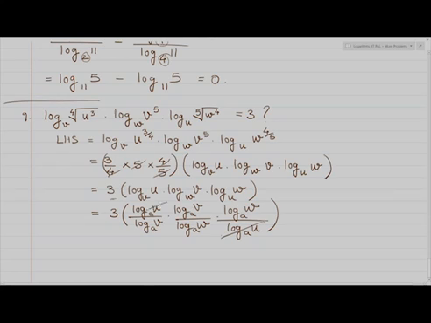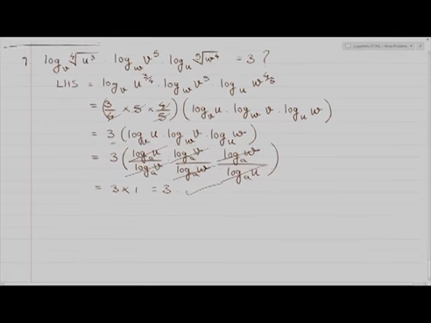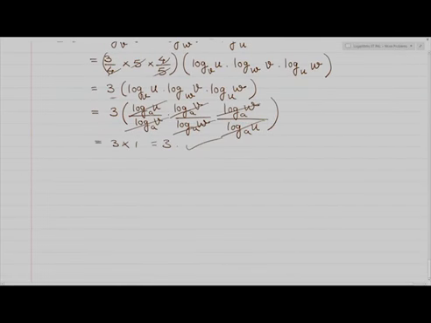Log of u getting cancelled with log of u, log of v getting cancelled with log of v, log of w getting cancelled with log of w. So easy. So it is 3 into 1 which is equal to 3. Therefore we have proved this. Okay. Let us now see one or two more problems.